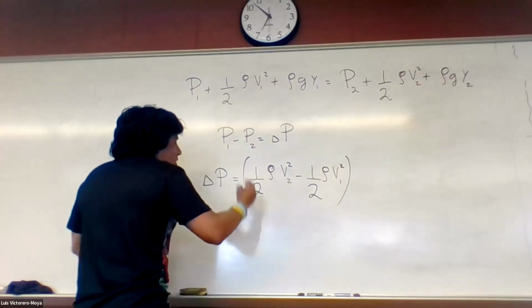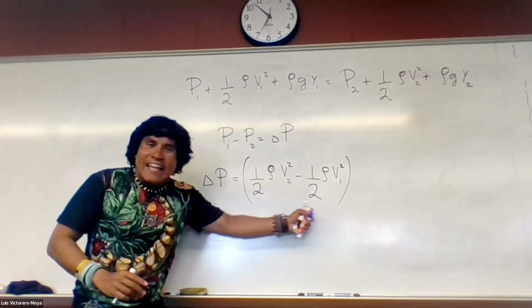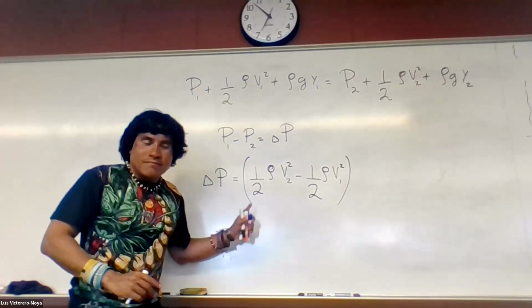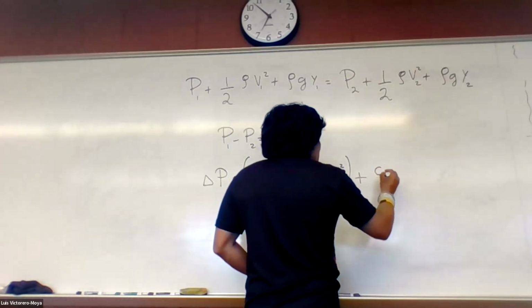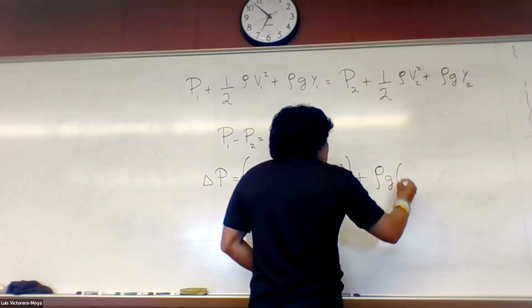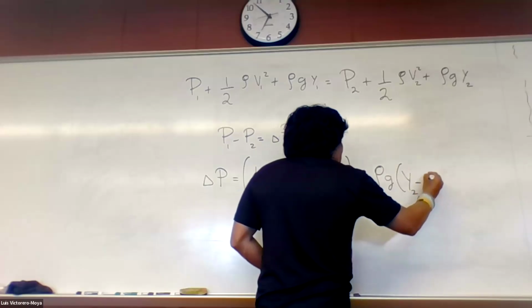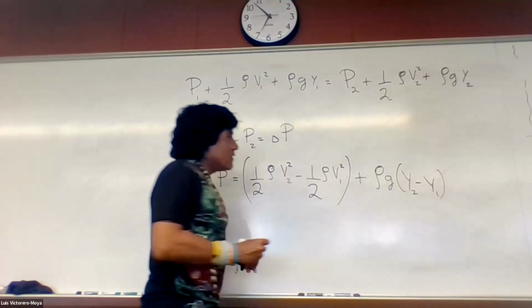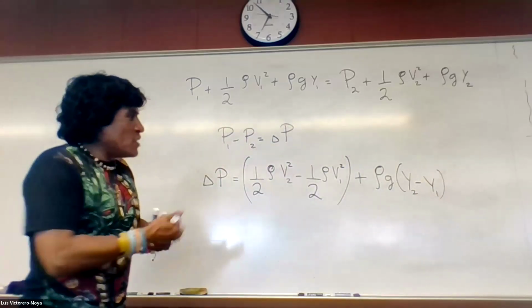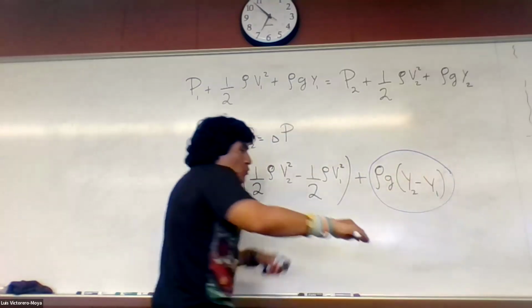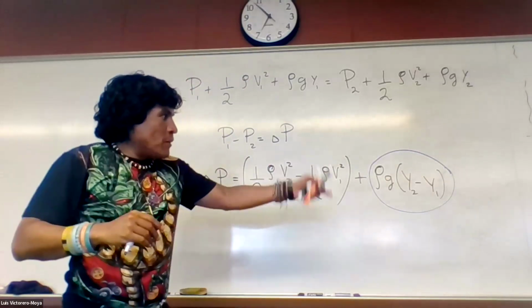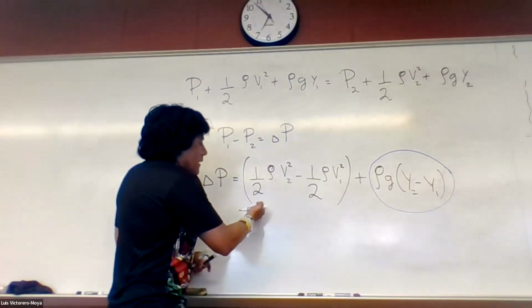Think about it: this is the kinetic energy of the fluid. And the other one is the potential energy of the fluid, rho g times (y2 minus y1). This is the potential energy due to the different heights. That's why you have y2, y1.